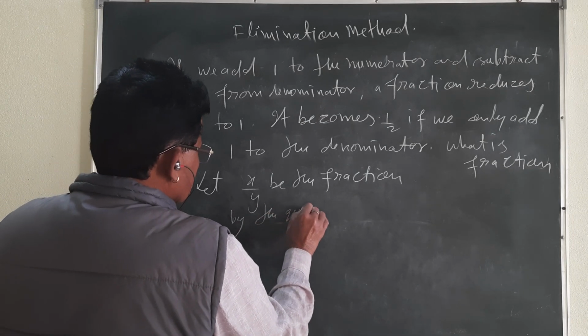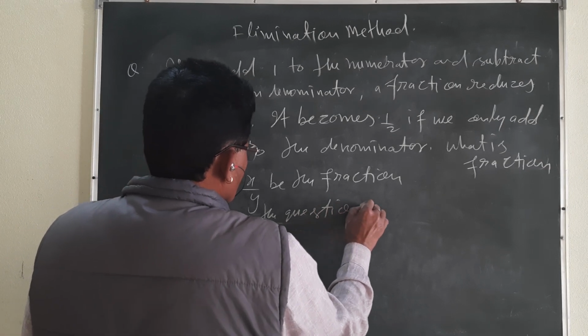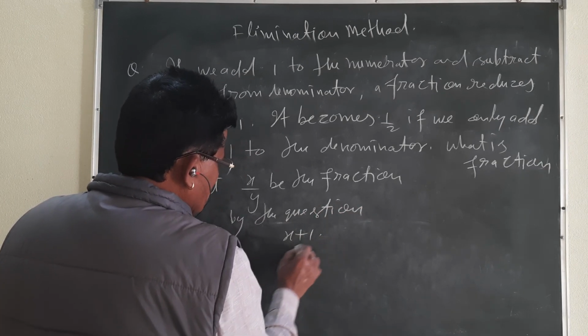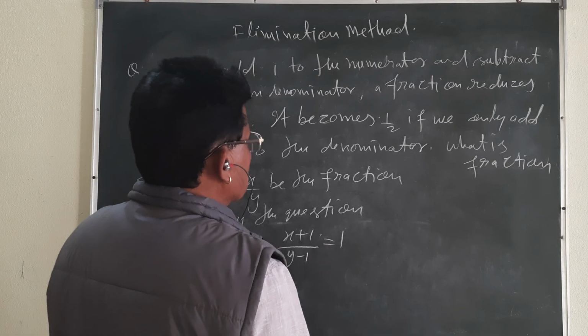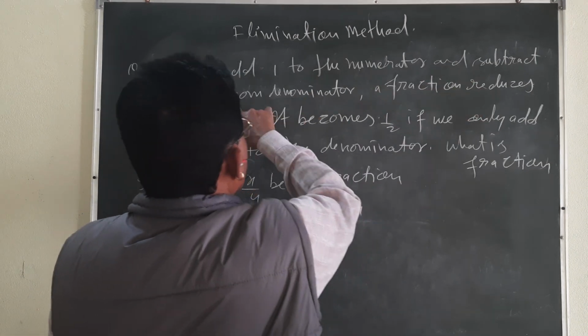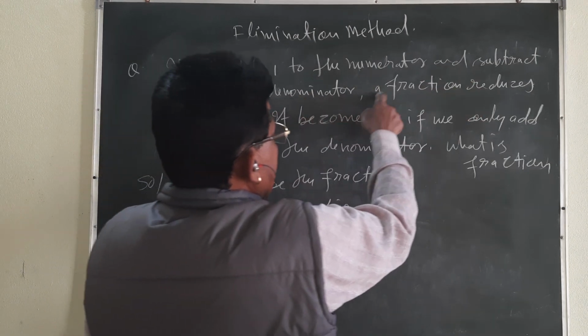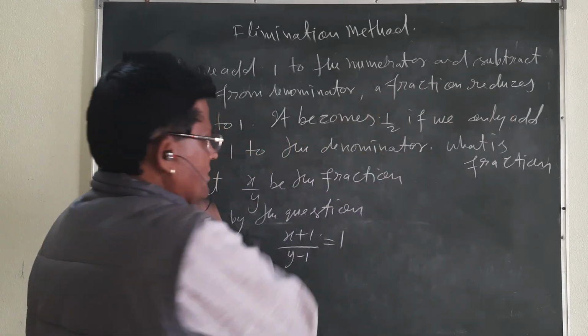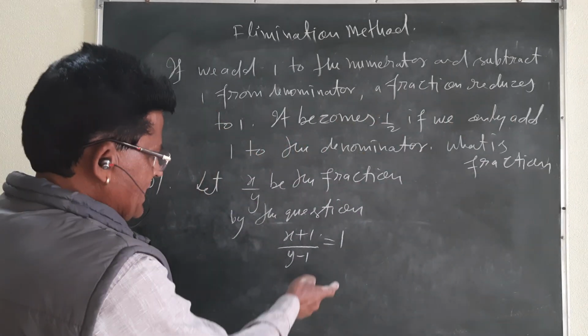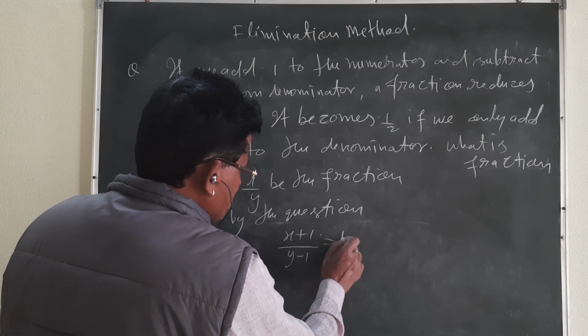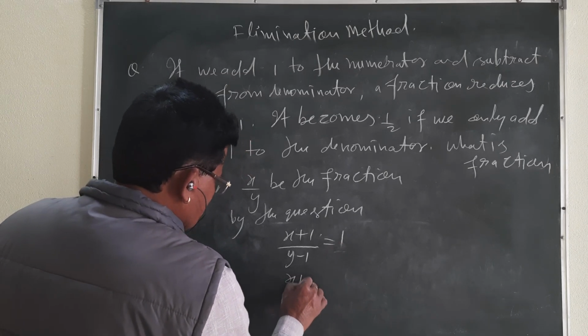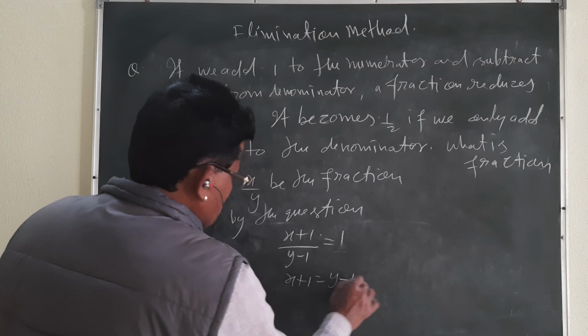By the question, add 1 in the numerator, subtract 1 in the denominator, it will be equal to 1. Subtract 1 from the denominator and the fraction reduces to 1. Okay, then cross multiplication: x plus 1 will be equal to y minus 1.